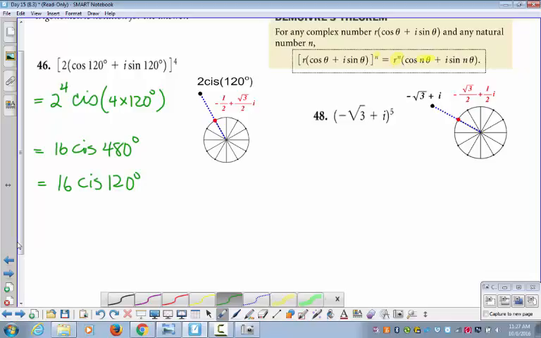Okay, so first let's notice this. This is interesting. We started with this number, 2 cis 120, which is 2 units from the origin. If we raise it to the 4th power, we end up with the same angle.